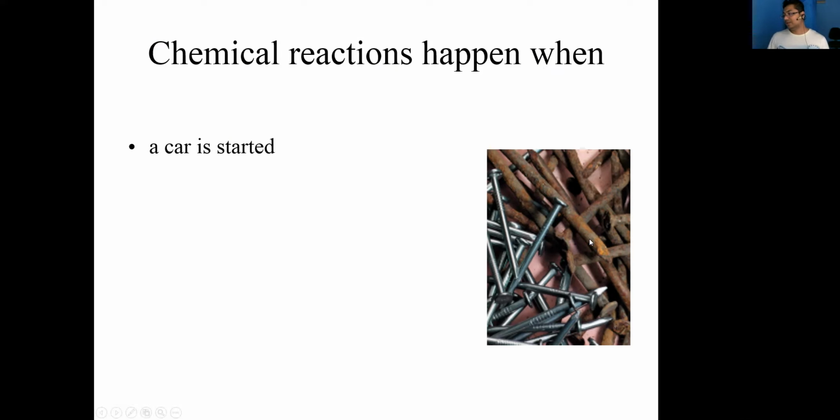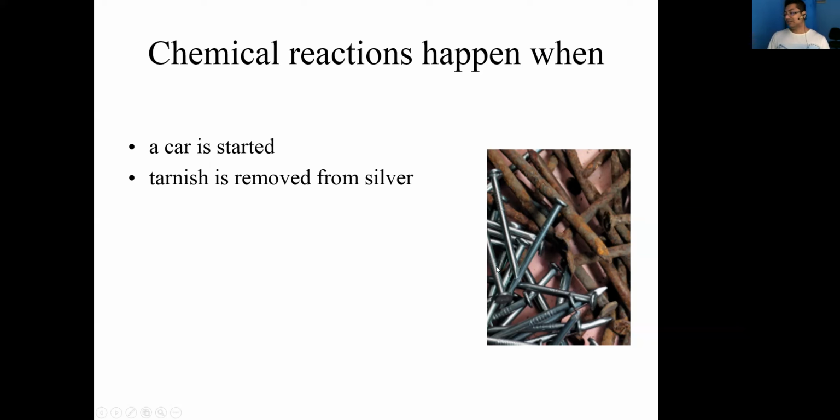We can see the rust could happen if we put the metal pin outside of our home, going to the reaction, right? So what sort of reaction is this? Anyone? Can you tell me? Oh, yes, Richardson. Yes, that's called oxidation. Fantastic.